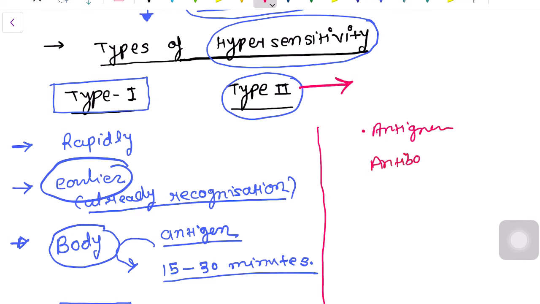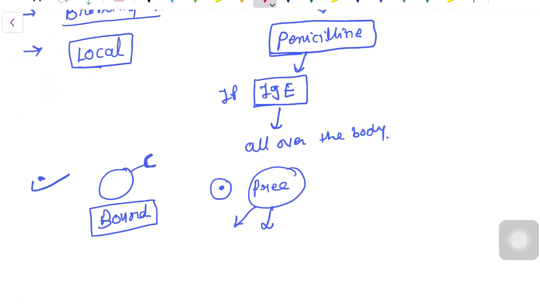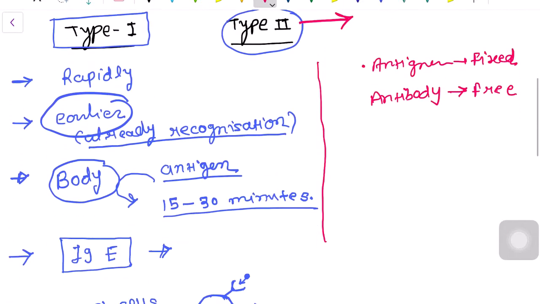But in the type 2 hypersensitivity reaction, the antigen is fixed and the antibody is free in the circulation. It is the opposite of type 1, where the antigen was free, moving, or it may be outside.